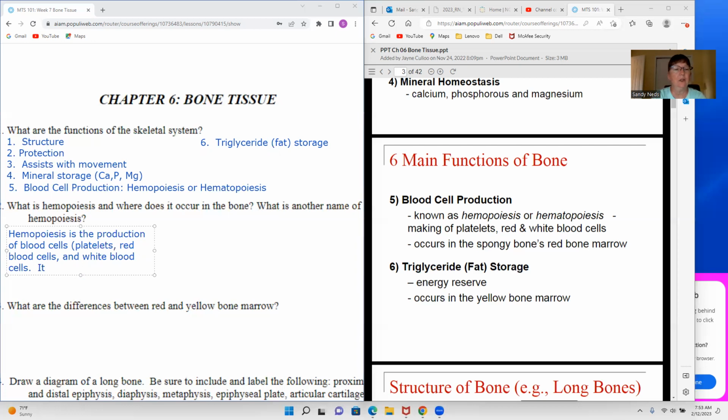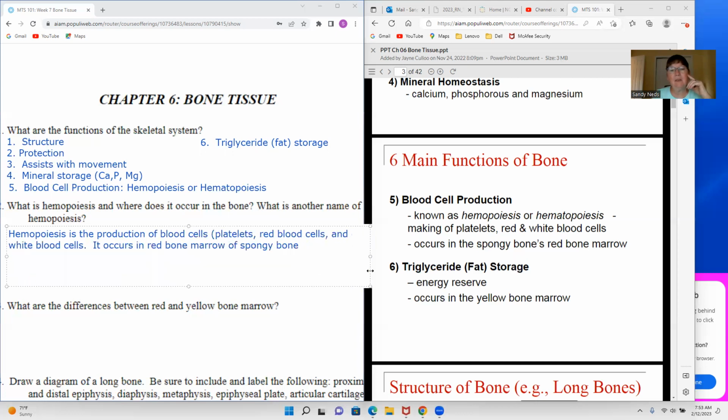It occurs in spongy bone, specifically in the red bone marrow of spongy bone. Now, spongy bone occurs at the epiphysis of long bones or in between flat bones.